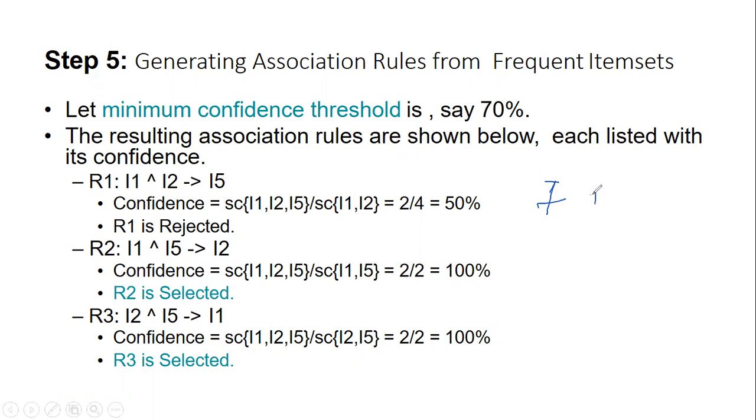If I take item 1, item 2, then item 5. If this is the rule, then how I'll represent it: 1, 2 tends to 5.